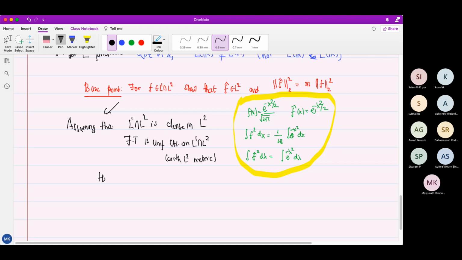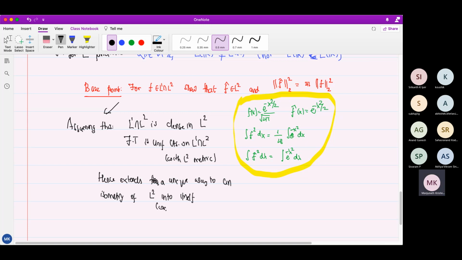Hence, it extends in a unique way to an isometry of L2 into itself.